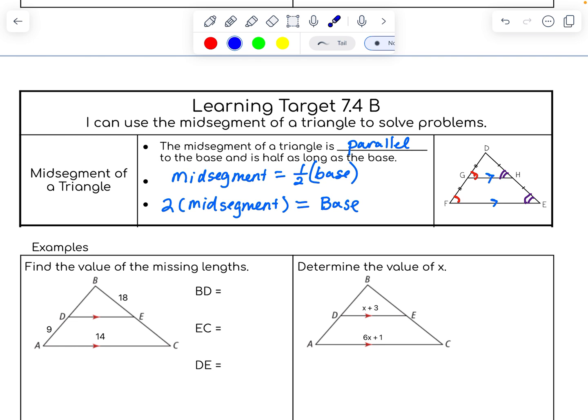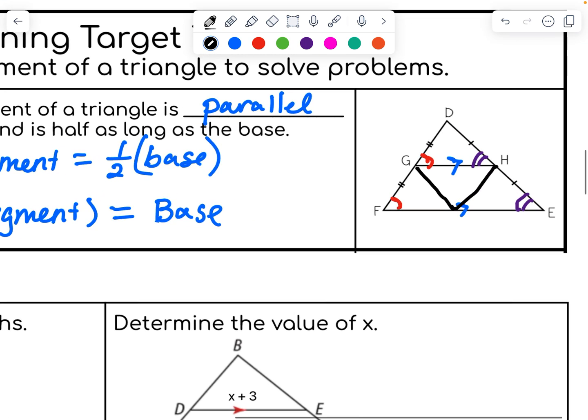Now I'm going to talk about one more thing. If I connect the midpoints of all 3 sides here, and you don't need to draw this, I just want to show this, all of these triangles right here would be the same, and this angle would be the same here.